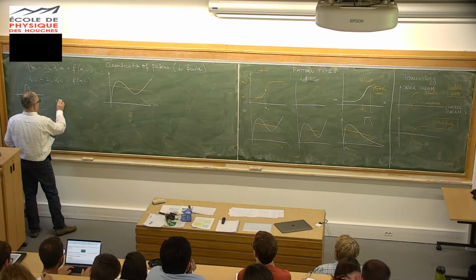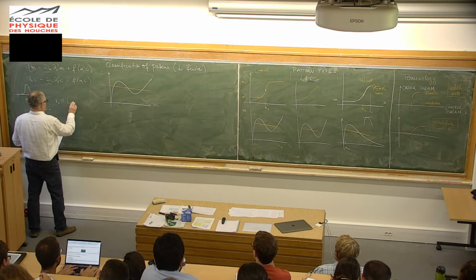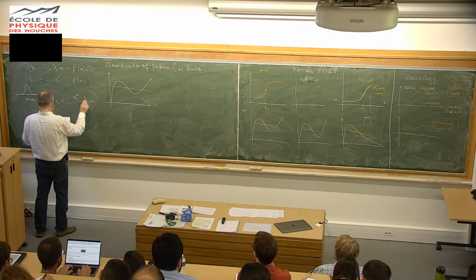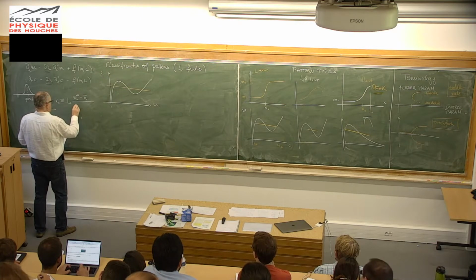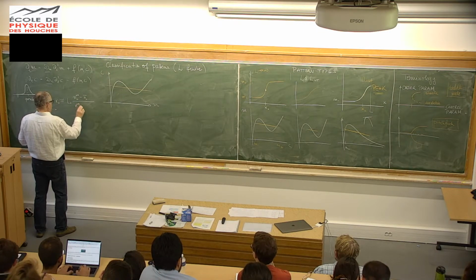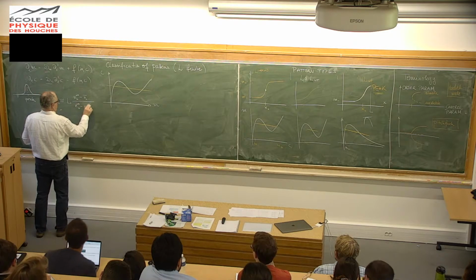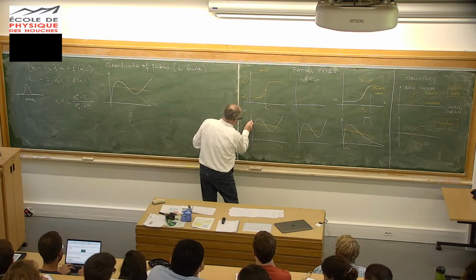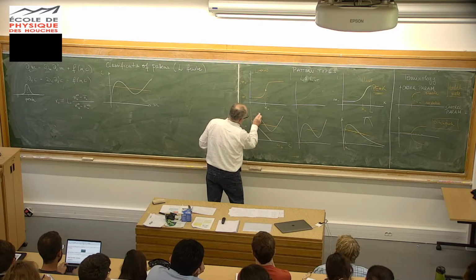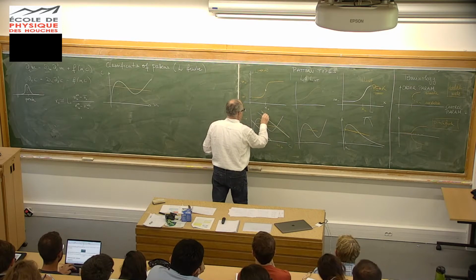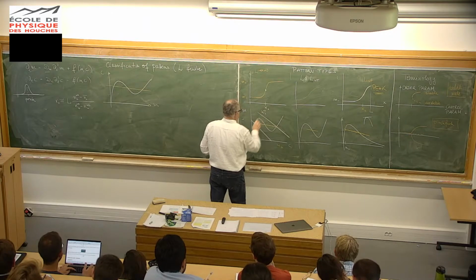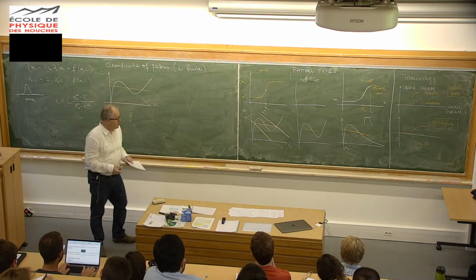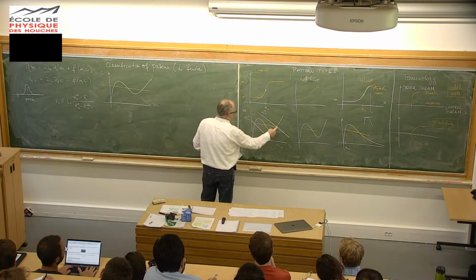So x naught, using that simple argument, is given by the system size times n plus infinity minus n bar, divided by n plus infinity minus n minus infinity. And those values of n plus infinity and n minus infinity are simply given by the reactive phase spaces going through the landmark points at m minus and m plus.